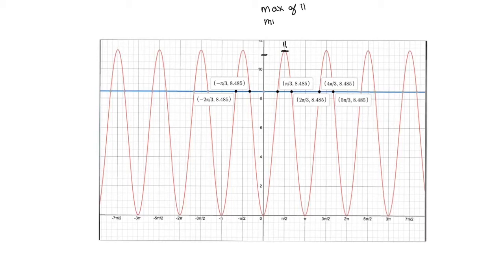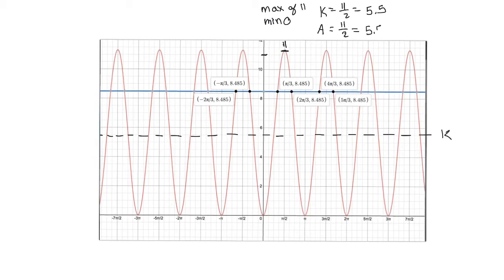With a minimum of 0, our k value is 11 divided by 2, or 5.5. That's our k value. Then we can see that our amplitude is also 11 divided by 2, which is 5.5.